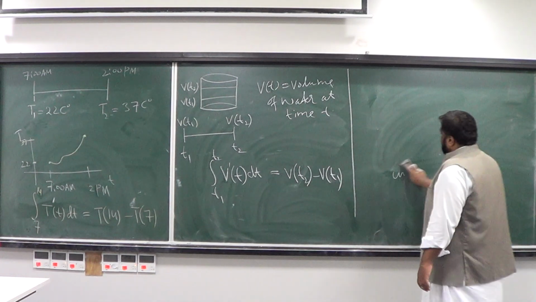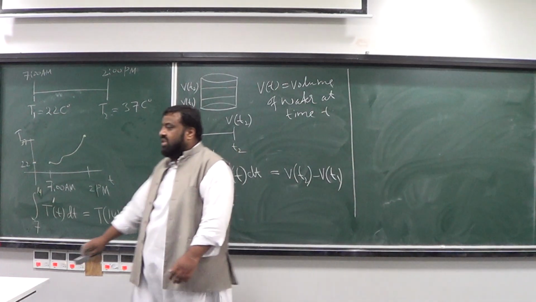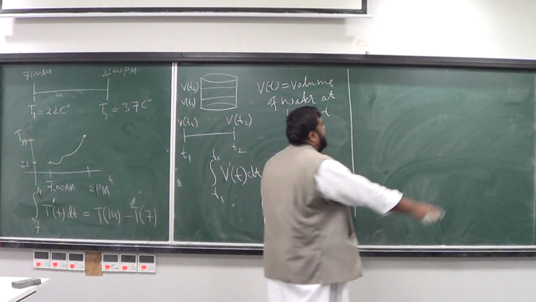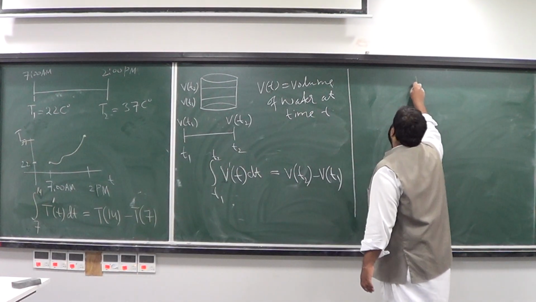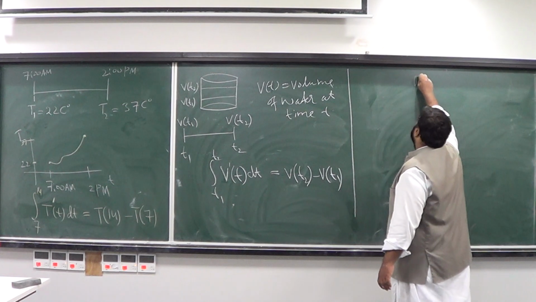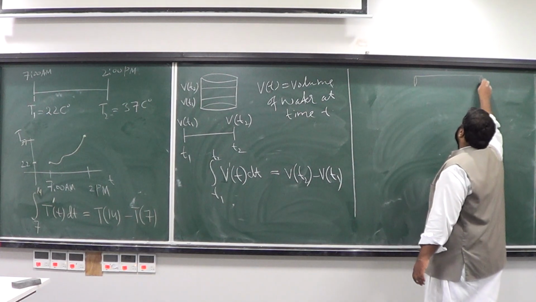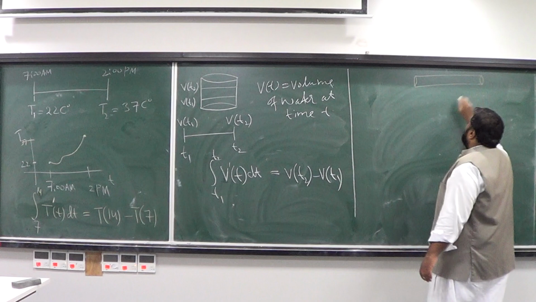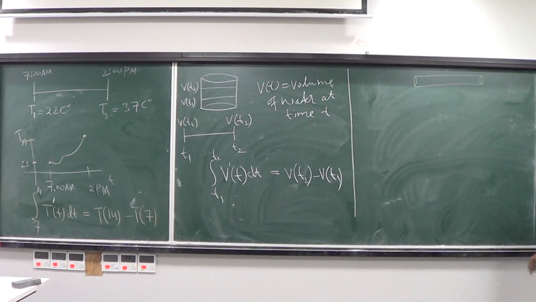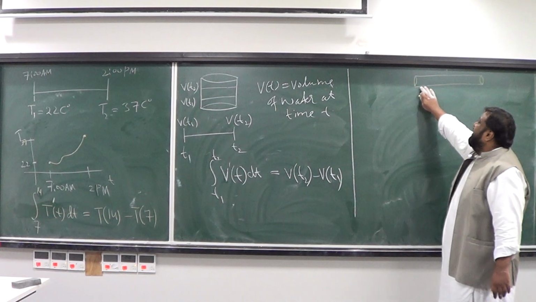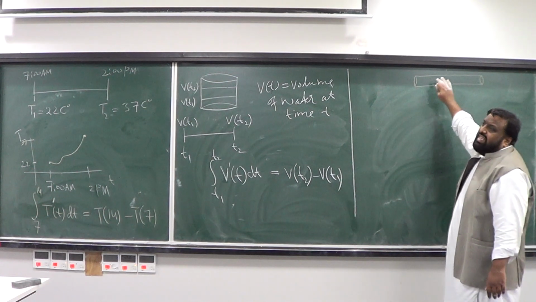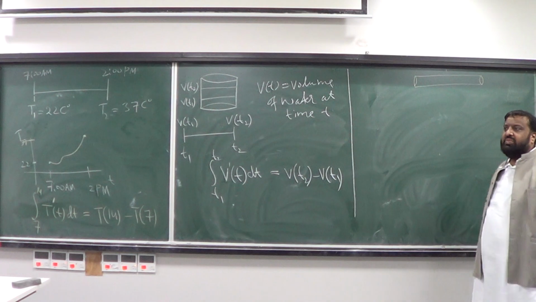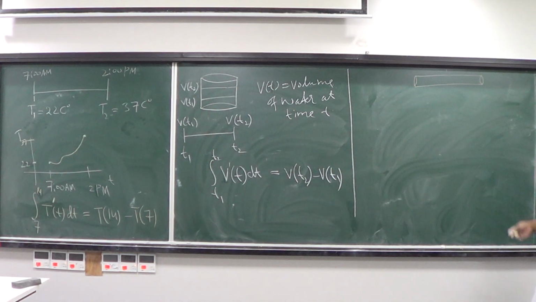In our discussion over the application of derivatives, we talked about, for example, the mass and the density of a rod. So imagine this is a rod which is not homogeneous. So it is made up of, say, different kinds of materials, or the level or quantity of mass, even it could be homogeneous, it doesn't matter.